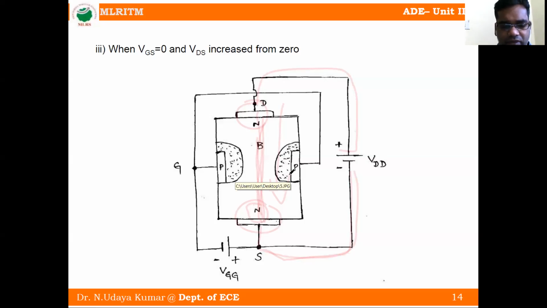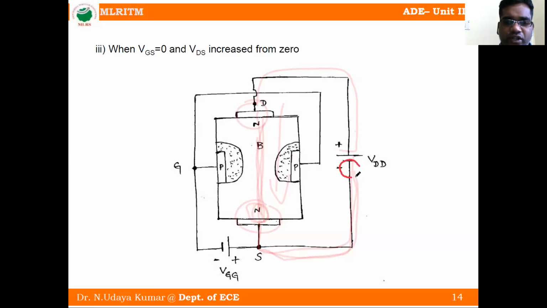Because of the resistance of the channel and the applied voltage VDS, there is a gradual increase of positive potential along the channel from source to drain. I repeat, concentrate. The negative terminal is connected to the N-type bar, which has negative electrons.